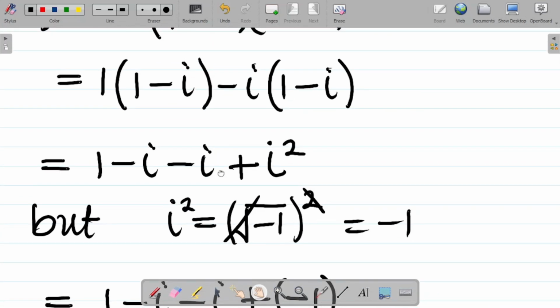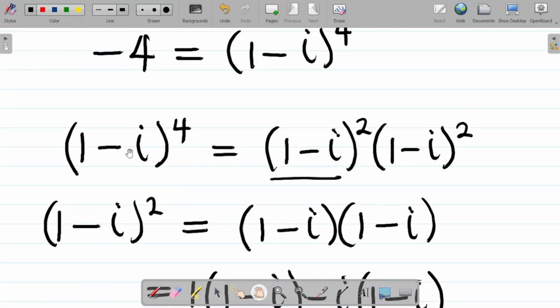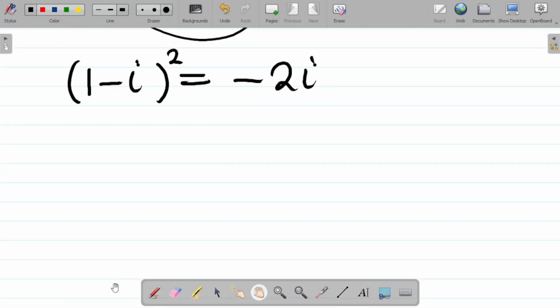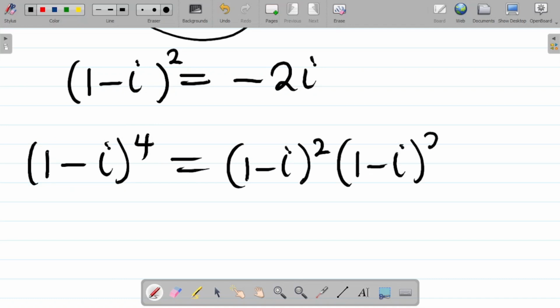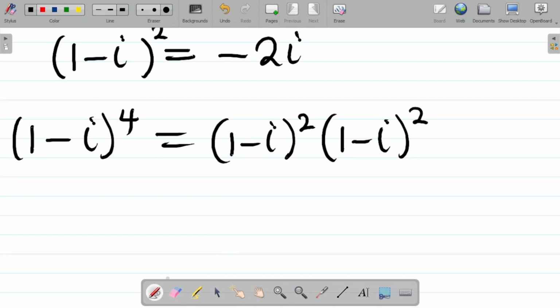Hence, if we now have 1 minus i to the power 4, we said that is equal to 1 minus i to the power 2 multiplying 1 minus i to the power 2. We've gotten our first answer as minus 2i.